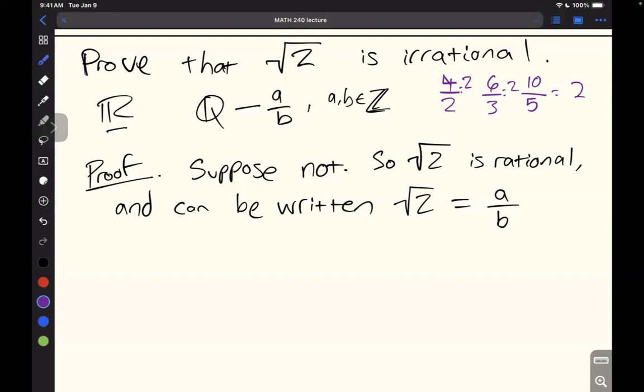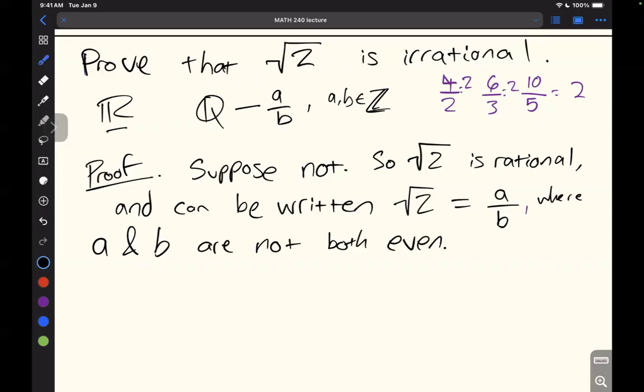And so we want to just say this is the most reduced it could be. And so the way that we write that is where a and b are not both even.